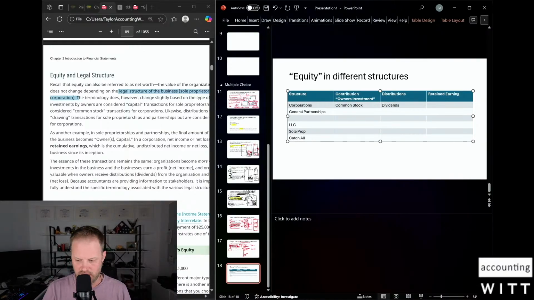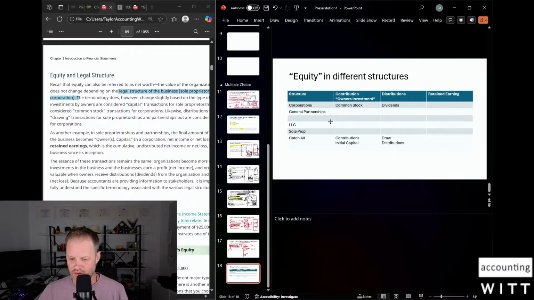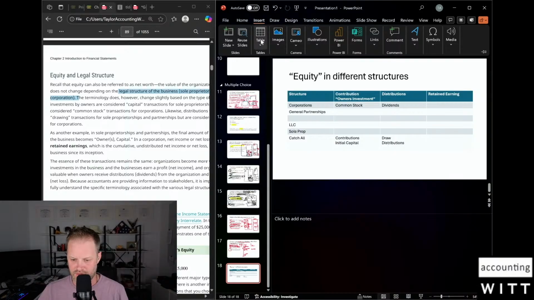So people call them draws, distributions, contributions, capital, initial capital. There's all these terms. You also colloquially hear people call them just capital accounts.